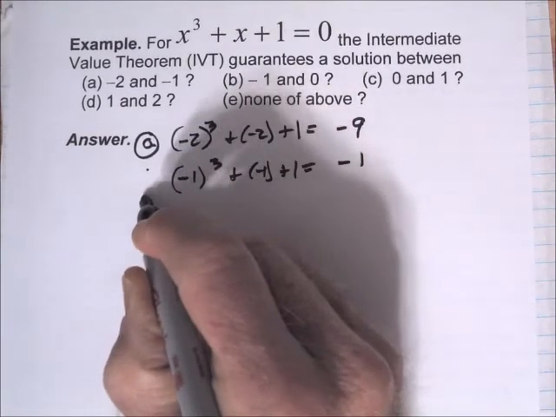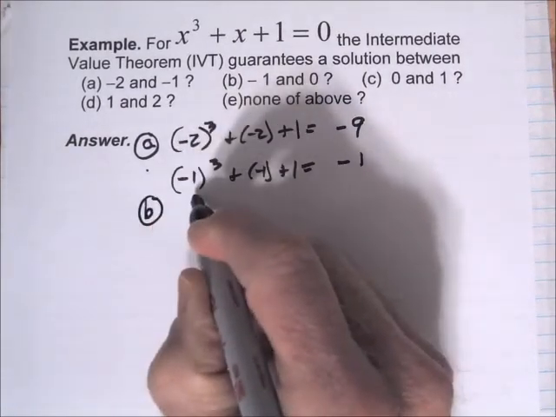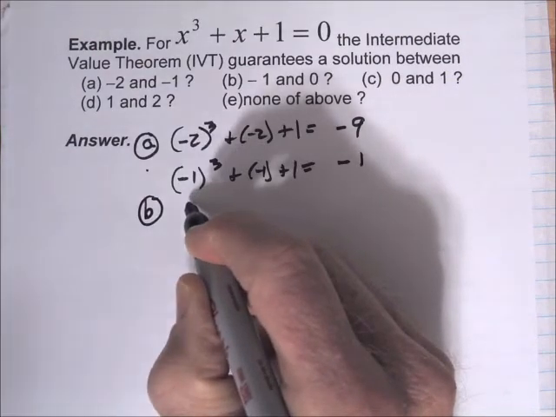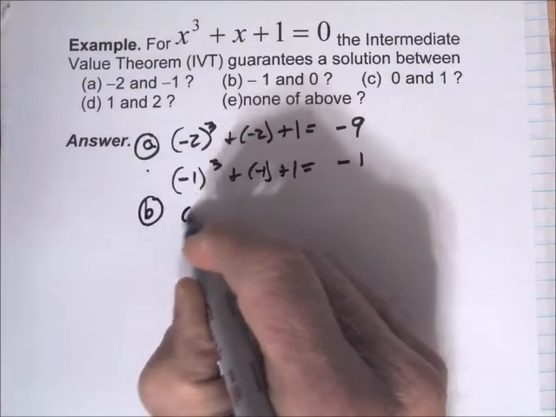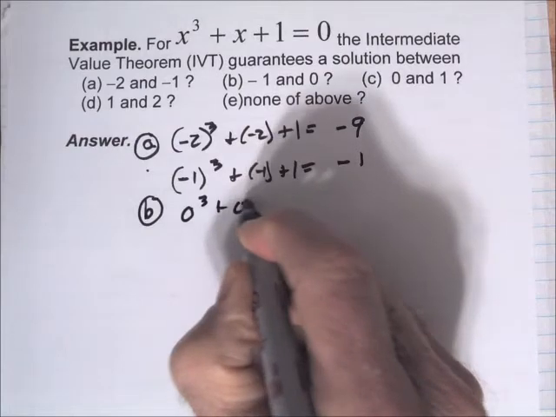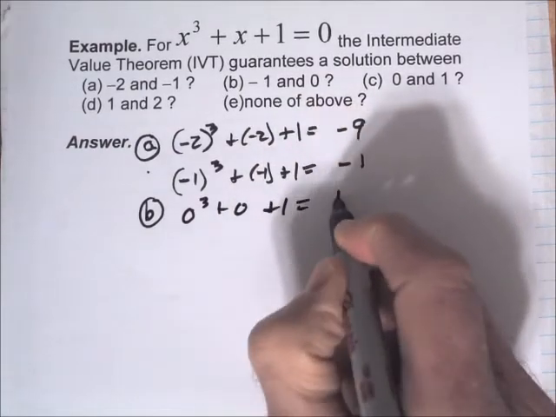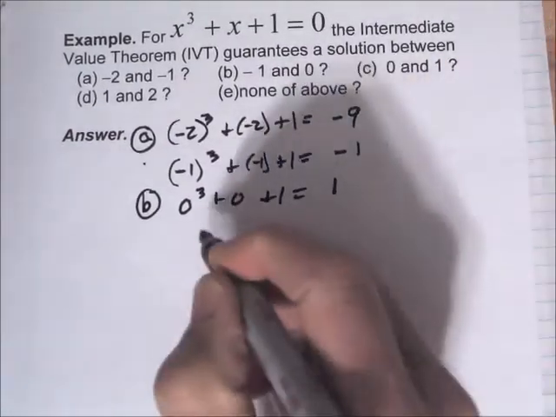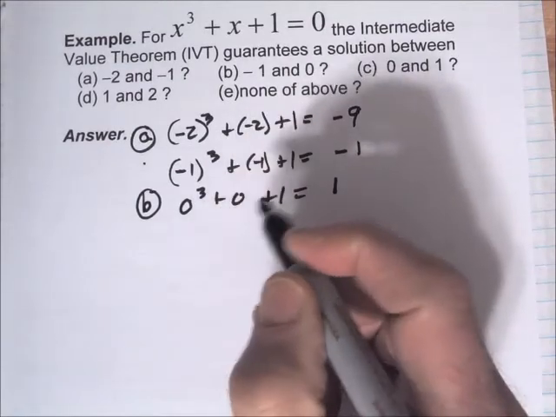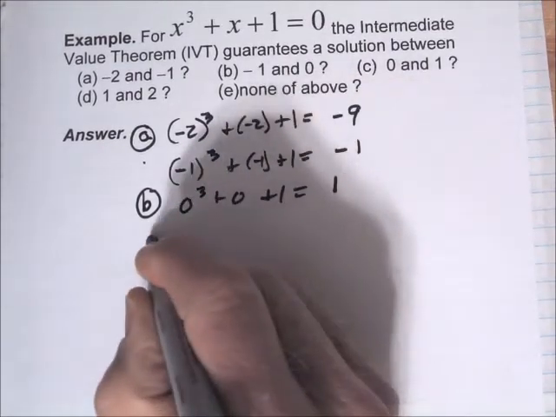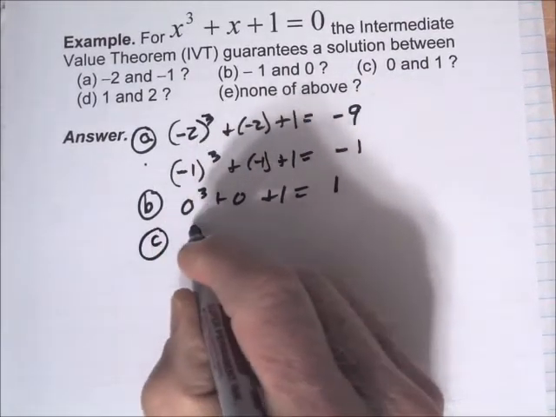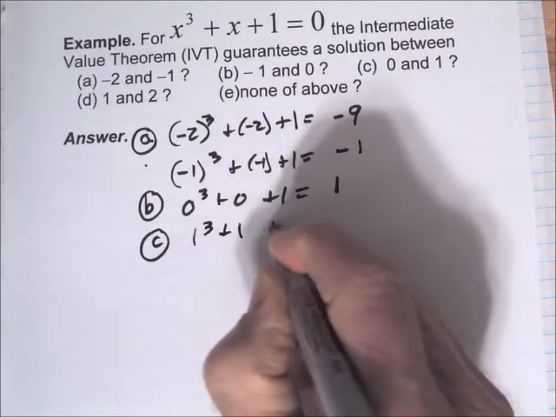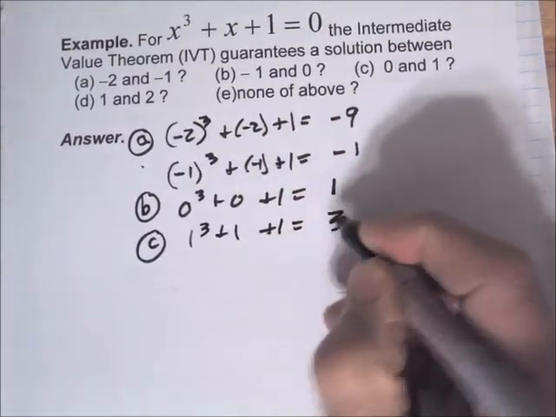And then B, we have 0 cubed plus 0 plus 1, which is equal to 1. Let's go on to C. We have 1 cubed plus 1 plus 1, which is 3.